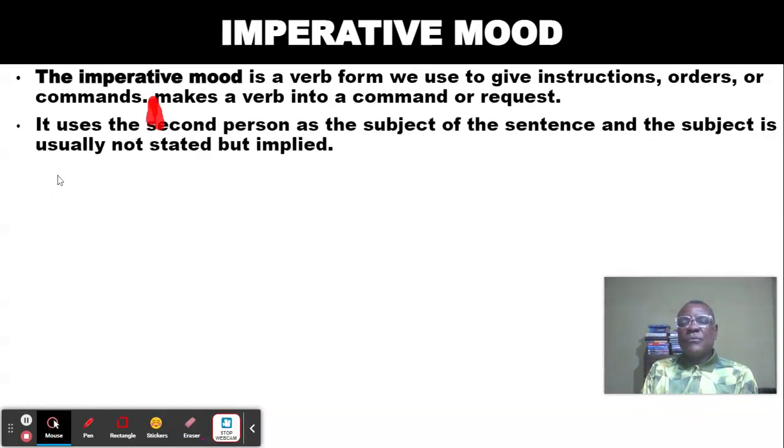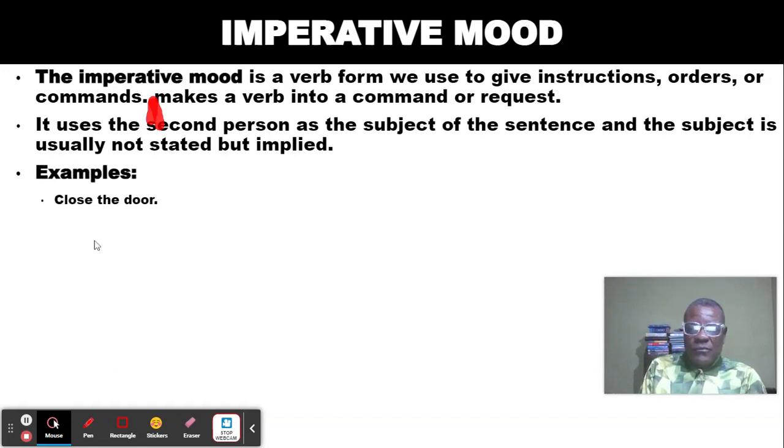Now the imperative mood uses the second person as the subject of the sentence, and the subject is usually not stated but implied. When you give instruction, most of the time you don't state the subject, but it is implied. We shall see this in the examples. Close the door.